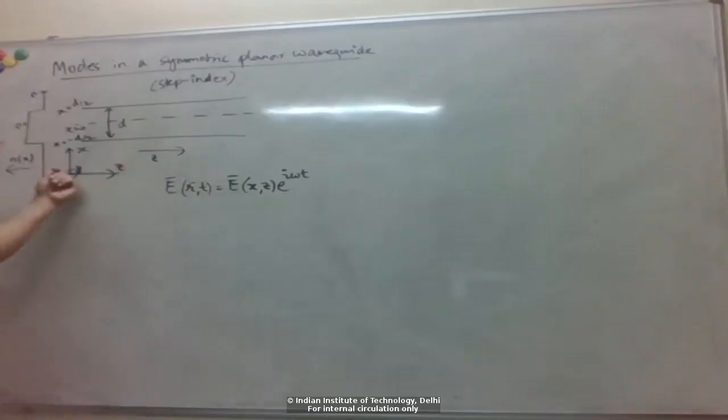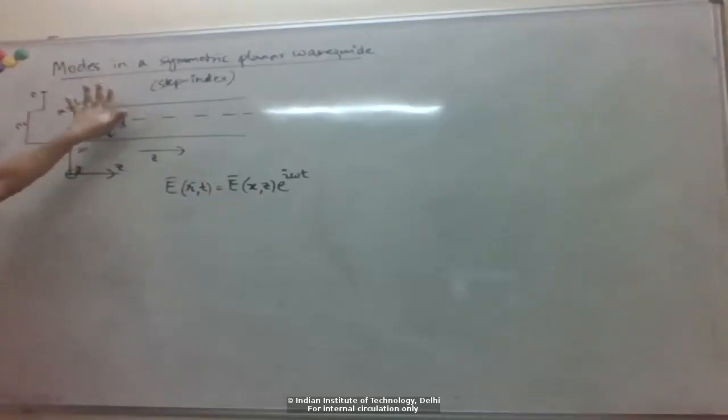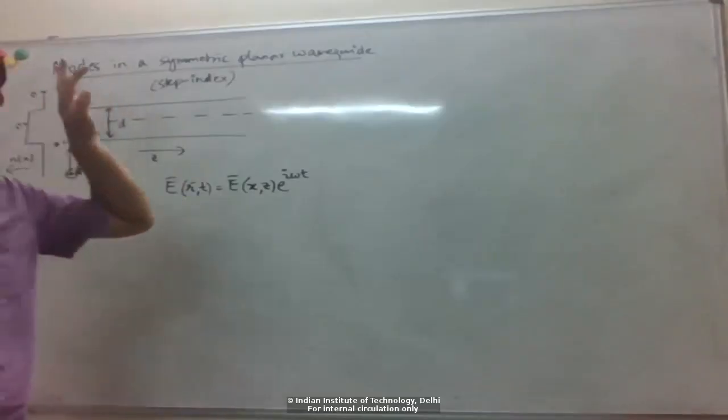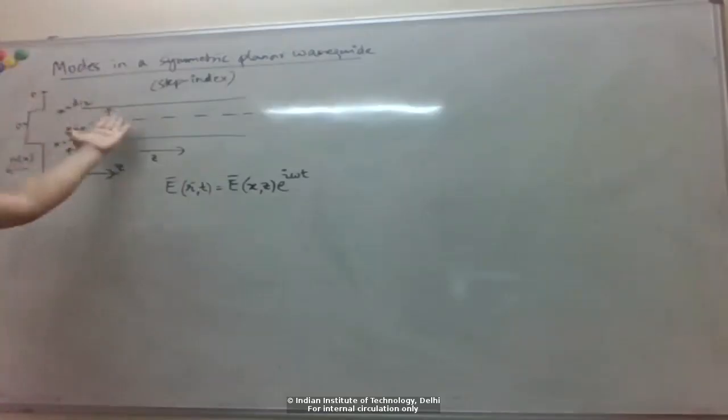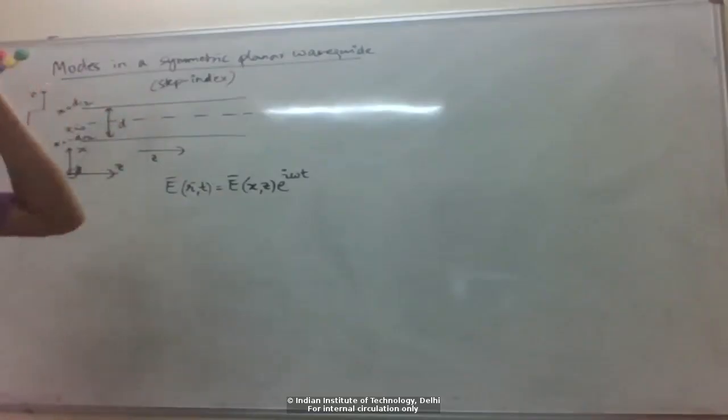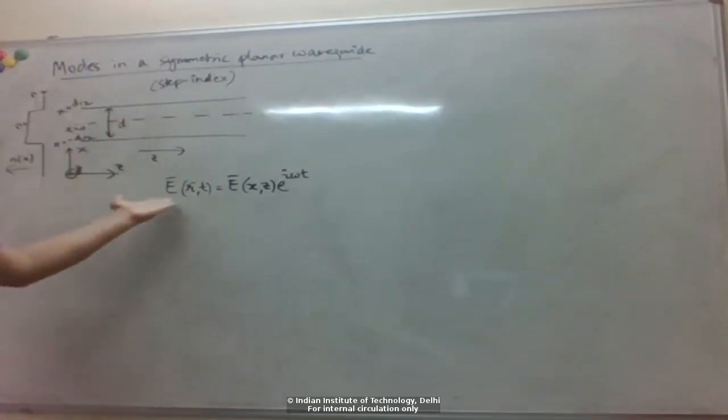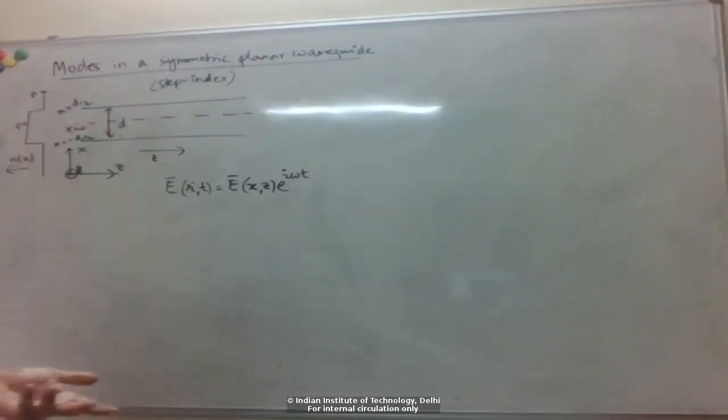We have not taken any y dependence because the structure is invariant in y, it just extends infinitely in y. Because of this translational symmetry, I can solve this at some particular y or some other particular y or a different y. It all looks the same. So there is no y dependence because there is no way for me to distinguish different y coordinates.